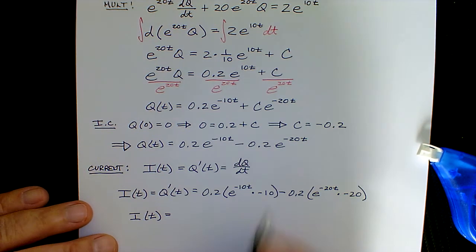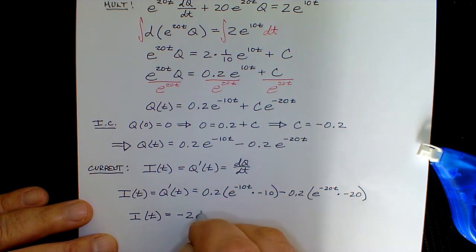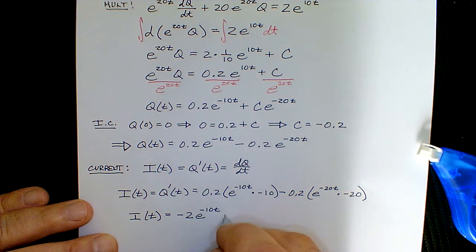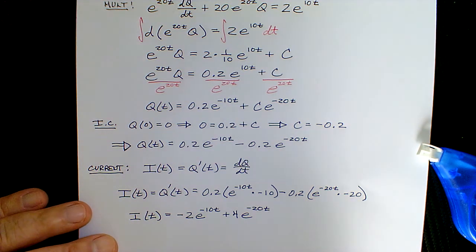Okay, so therefore I of t is, let's see, negative 10 times 0.2 that is negative 2, e to the negative 10t, and this would make it plus 4, e to the negative 20t.